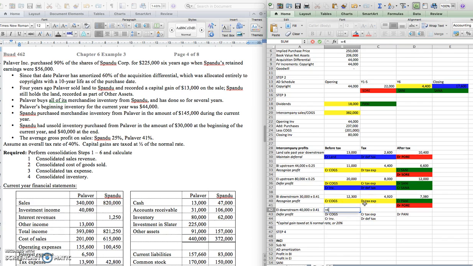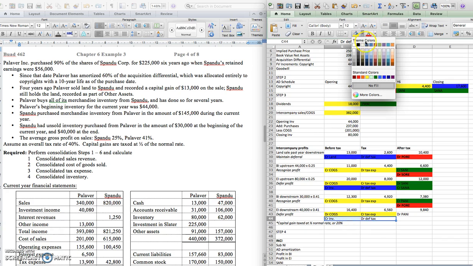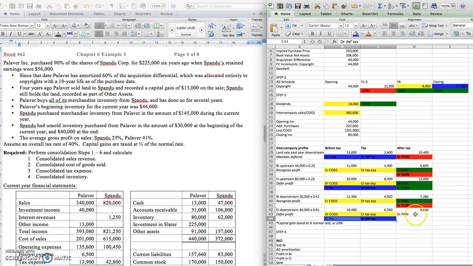This one we knew to be 40,000 times our rate. And one last round of coloring. And our penny will be green.